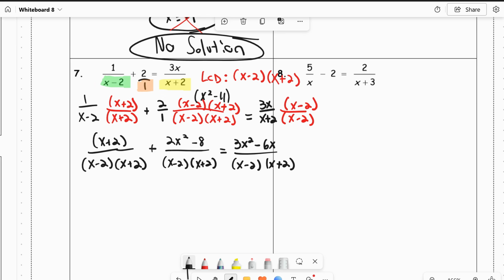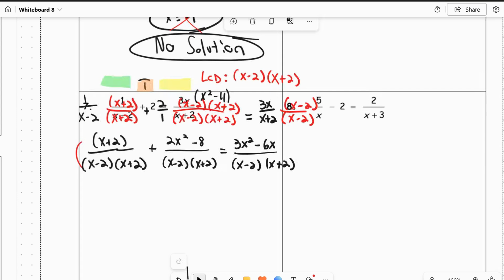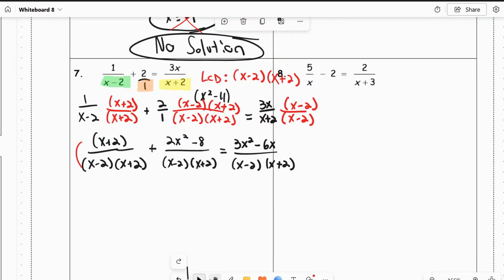So now I have a common denominator, so I could multiply my LCD to both sides to undo my denominator.